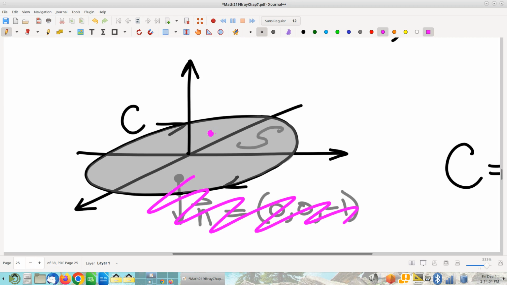If I were to try to orient this surface upward, let's see if that would work. If I were to claim that C is the boundary of S with this normal, then with the thumb in the direction of the normal, the swirl would go that way, and that just sideswipes in the wrong direction.